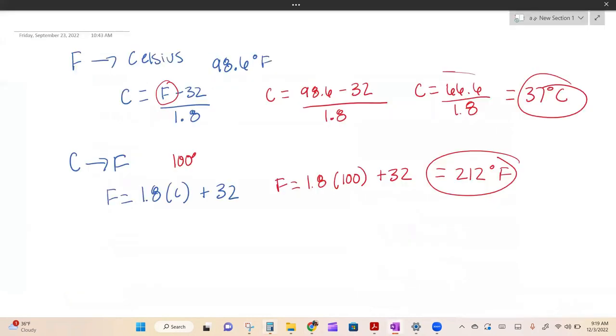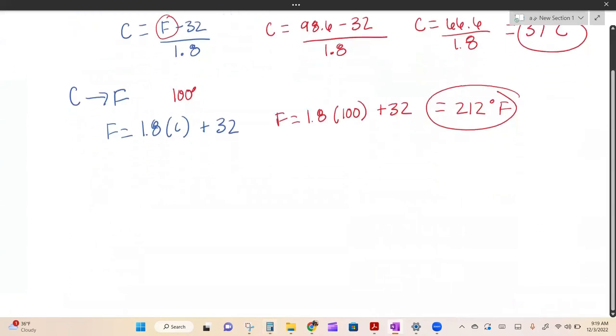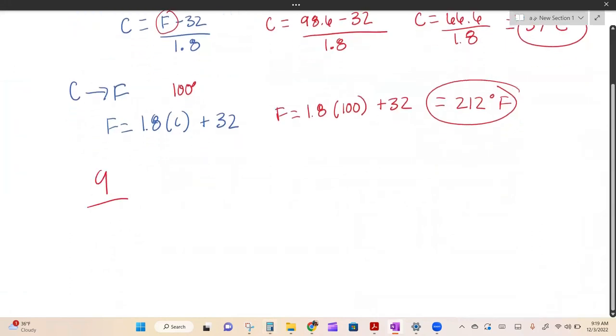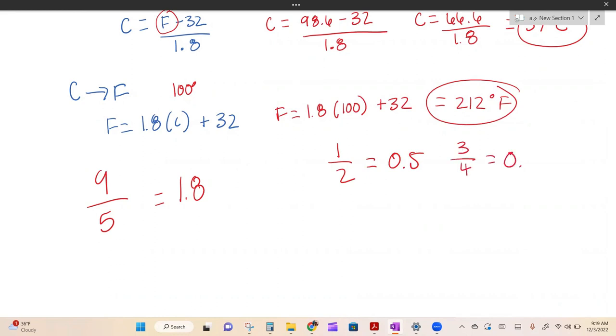So let me just write that here. So 9 over 5 is 1.8. 1/2 was 0.5, and 3/4 was 0.75.